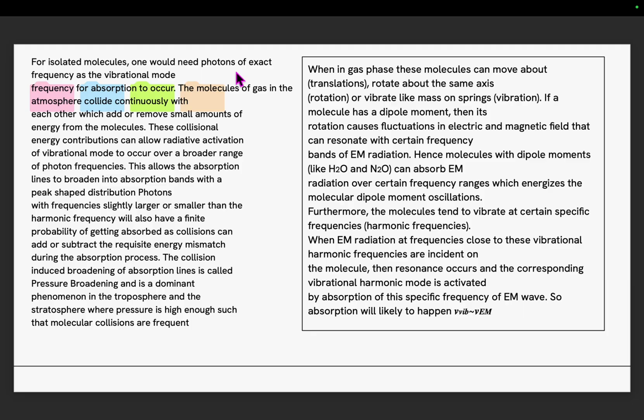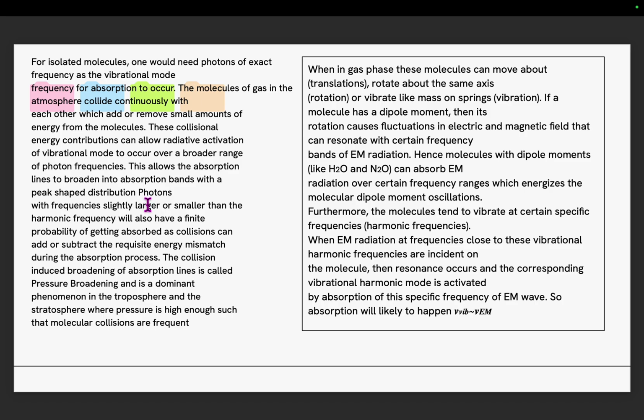This collisional energy distribution can allow the radiative activation of the vibrational mode to occur over a broader range of photon frequencies. This allows the absorption lines to broaden into absorption bands with a peak-shaped distribution.